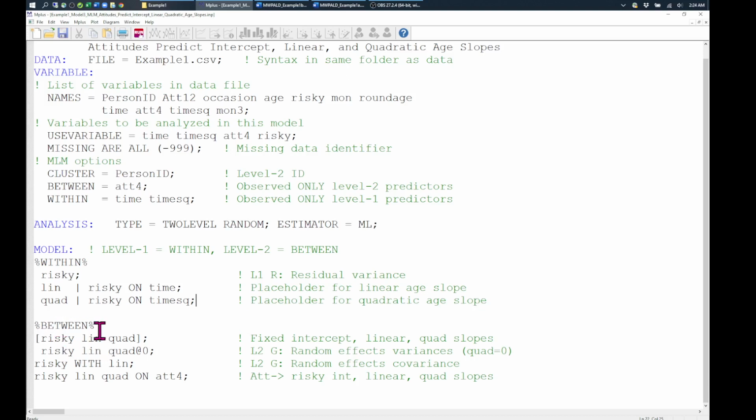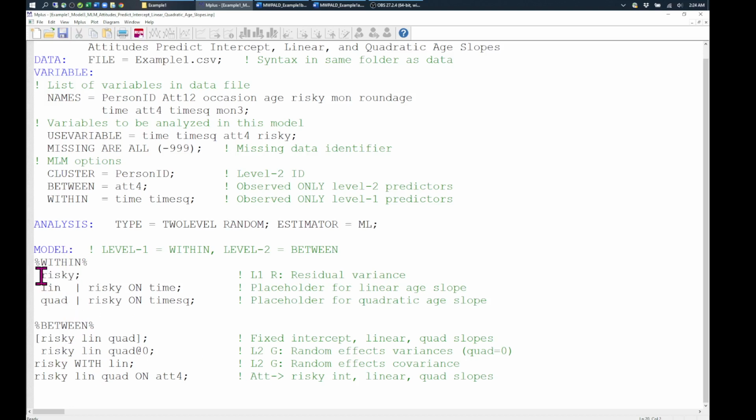Then in the between model, we are referencing the fixed effects, the random effects variances, the random effects covariances, and the regression of our time-invariant predictor predicting the intercept, the linear slope, and the quadratic slope. So rather than intercept as a terminology, it's just the variable again. So risky being in both of these is not actually redundant.